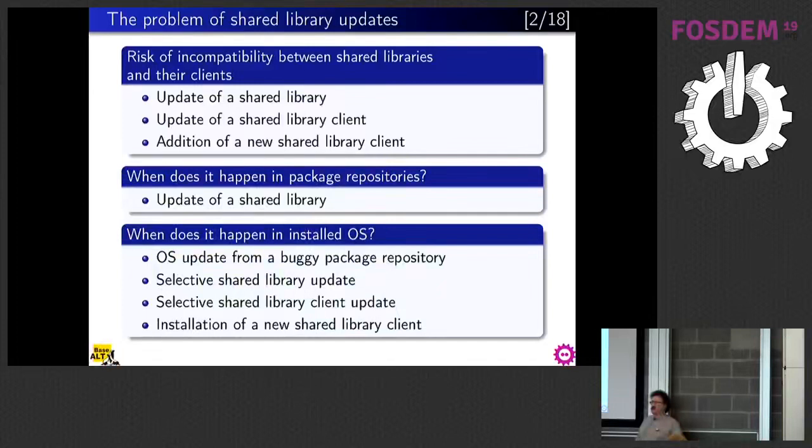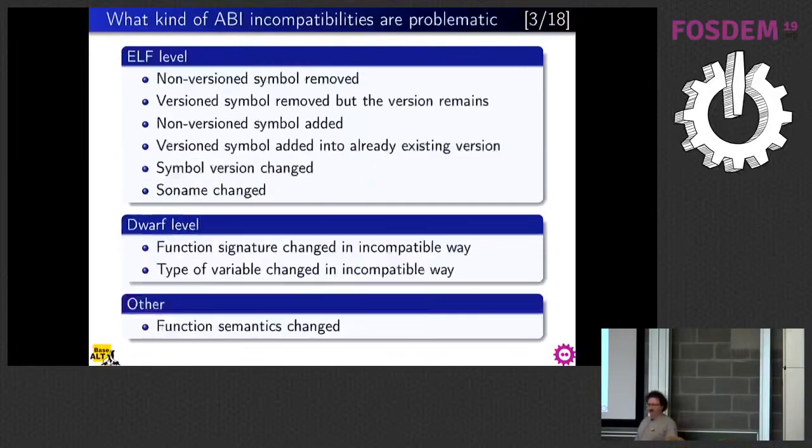So this is an unavoidable risk that an incompatibility could happen. So we usually want to control this, and at repository level we would like to stop this.